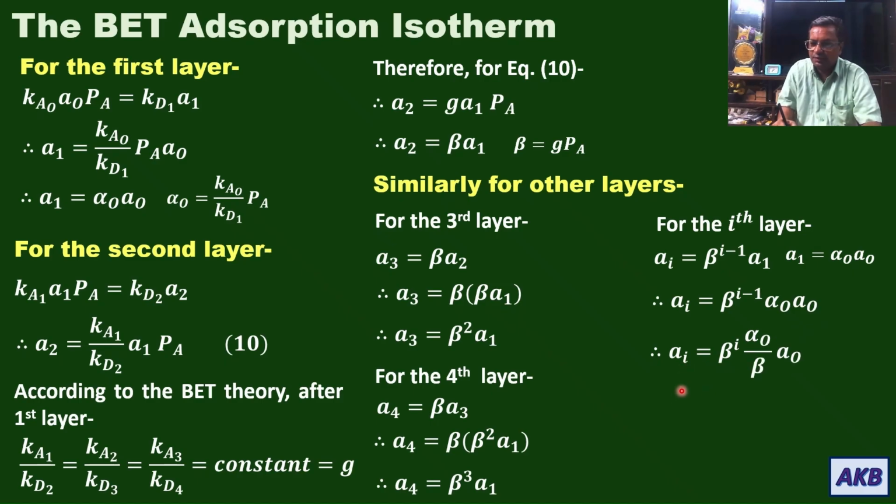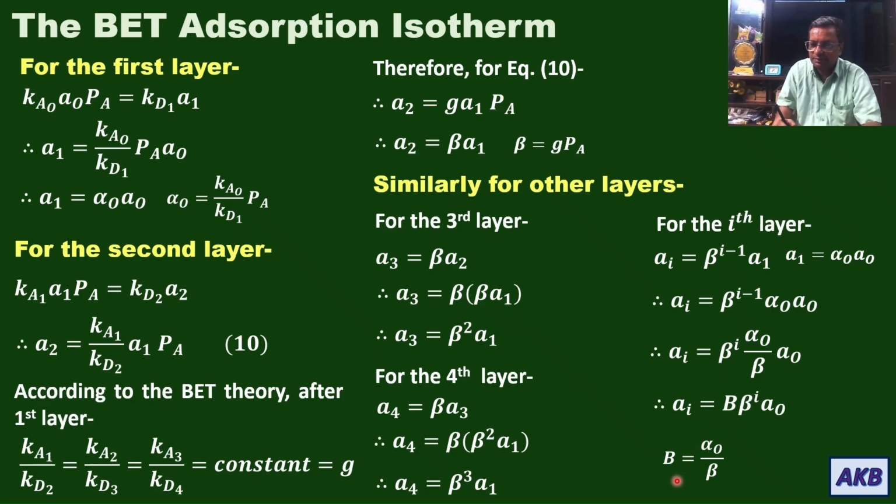Then I can write beta raised to i minus 1 as beta raised to i divided by beta. So Ai is beta raised to i into alpha naught upon beta into A naught. In the next step, I will replace this ratio alpha naught by beta with capital B. So that gives me Ai is equal to capital B into beta raised to i into A naught.